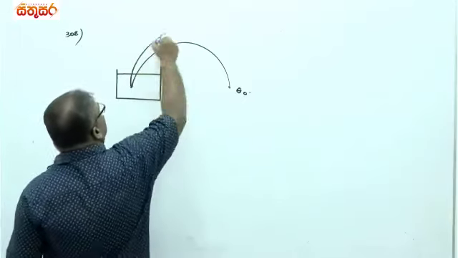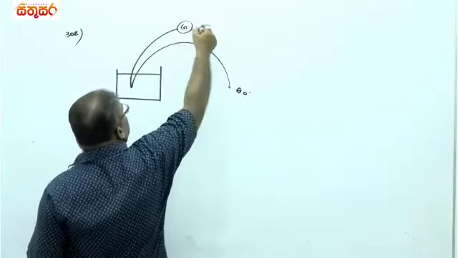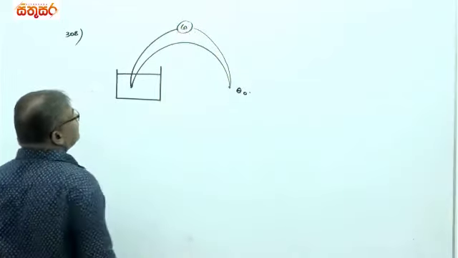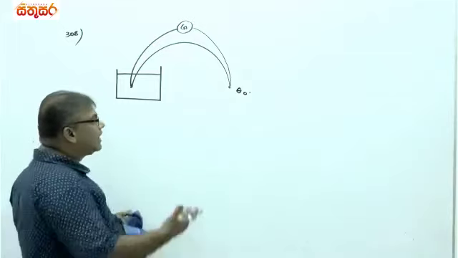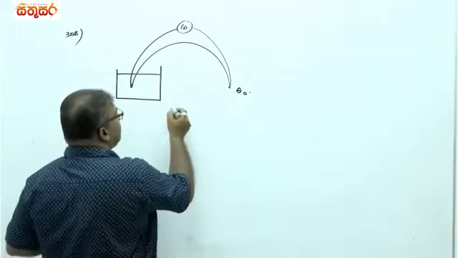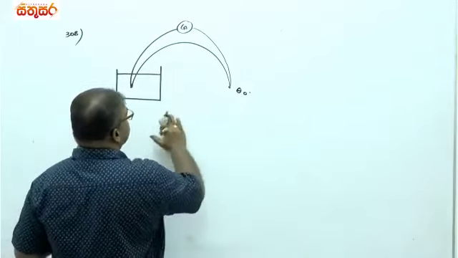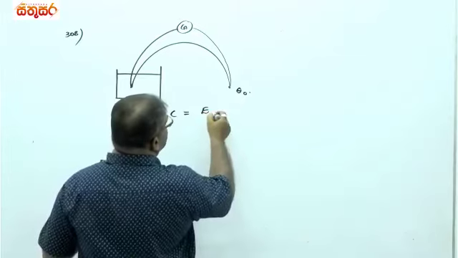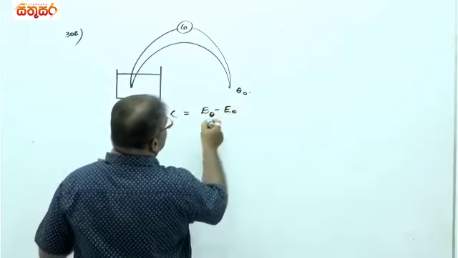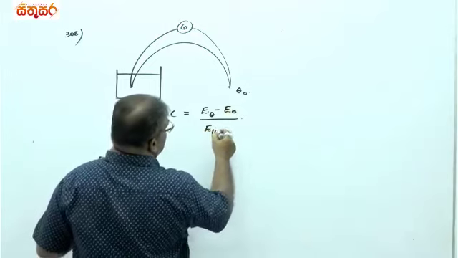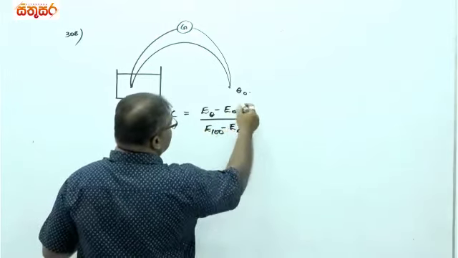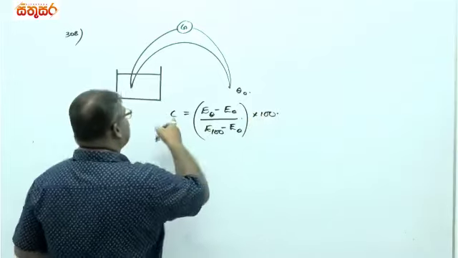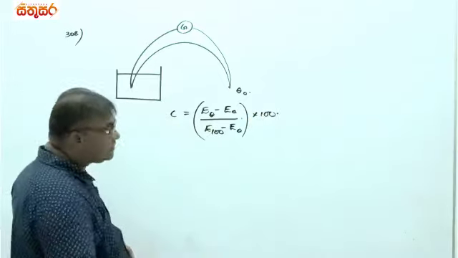This is the hot liquid. Then after registering the reading of the galvanometer in the thermocouple, we can calculate the corresponding temperature by considering this equation, no? By using this, we can calculate the corresponding reading according to the Celsius scale.